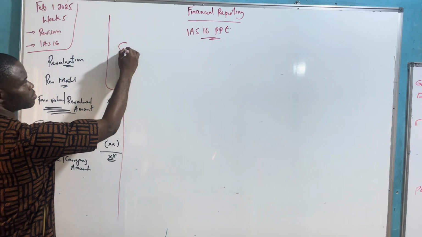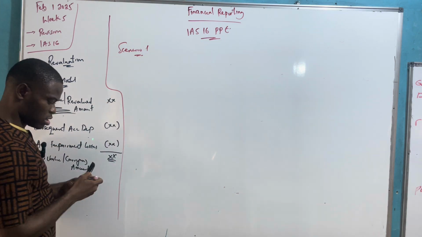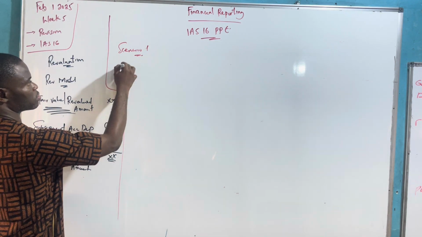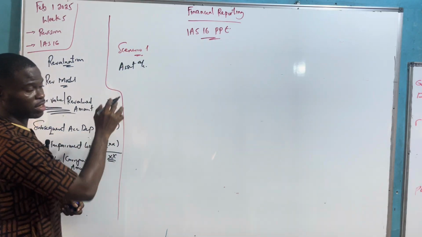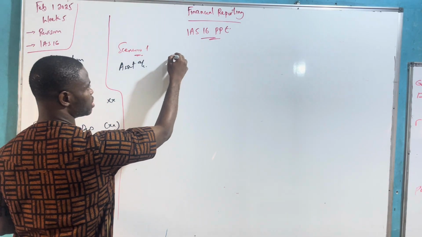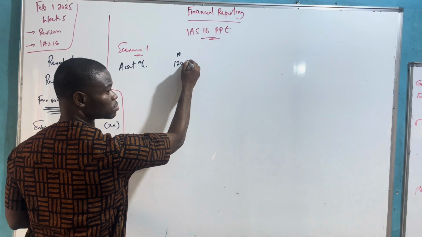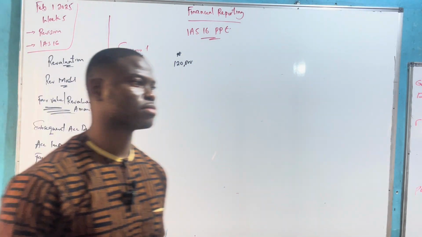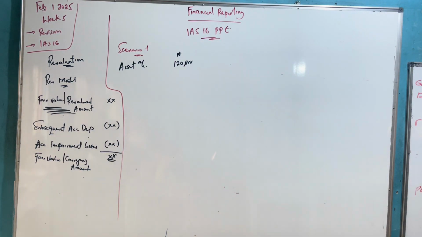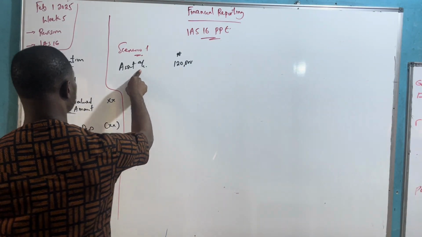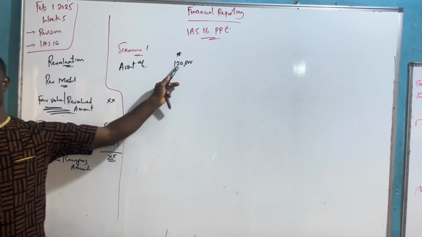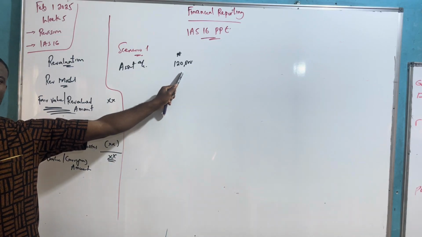Scenario 1: if you have your asset account, at fair value, at the beginning of the year, at 120,000.